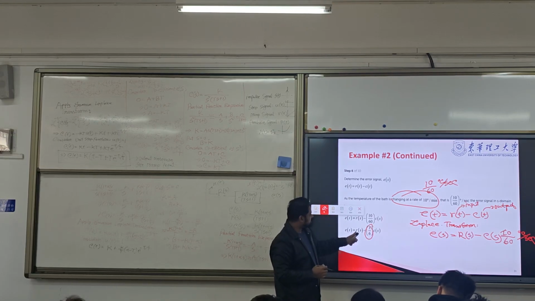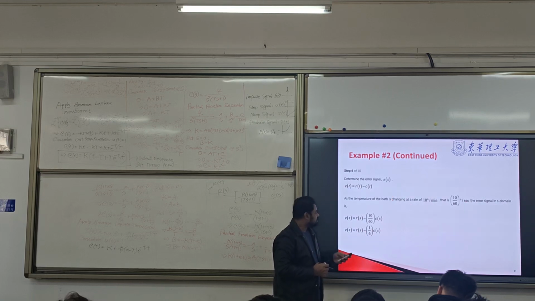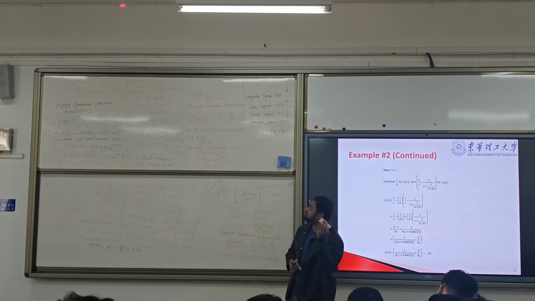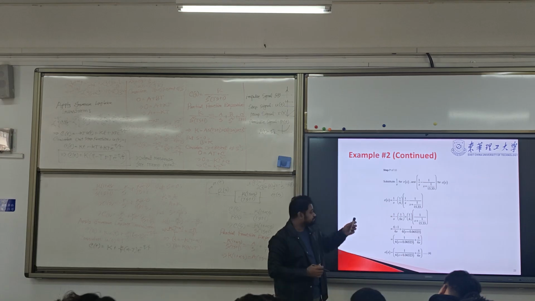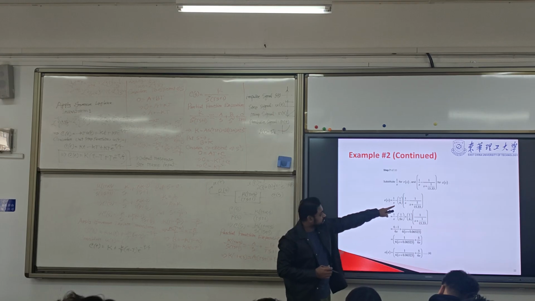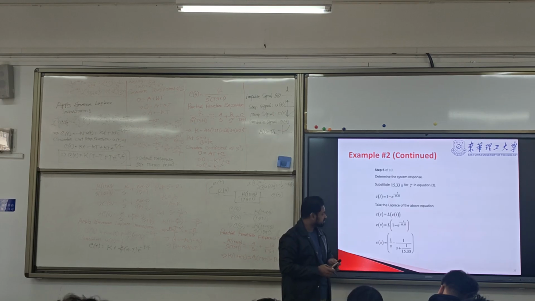So now you have the R(s) value, you have the C(s) value, put it down, because we are considering R(s) is 1 by S, the unit step. And C(s) value, what is that? Here, this is the C(s) value.